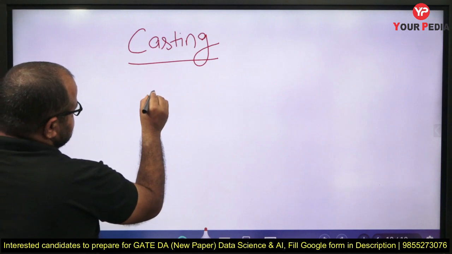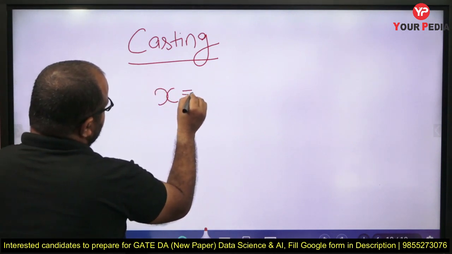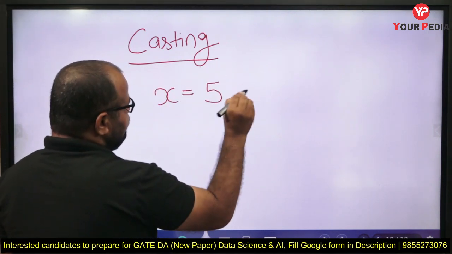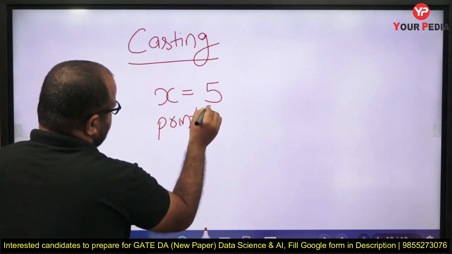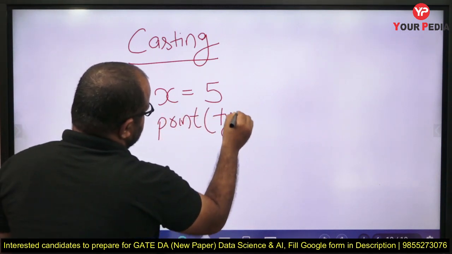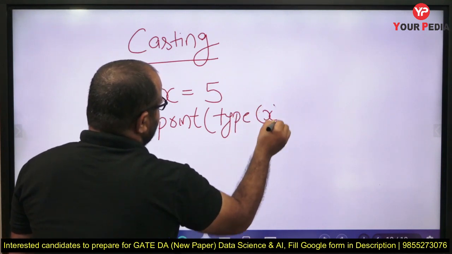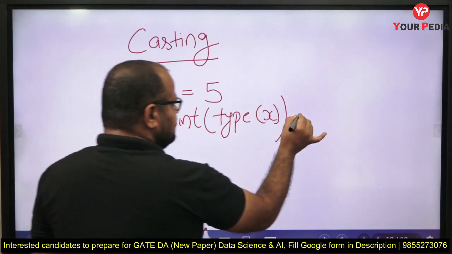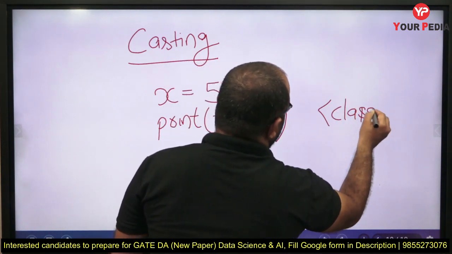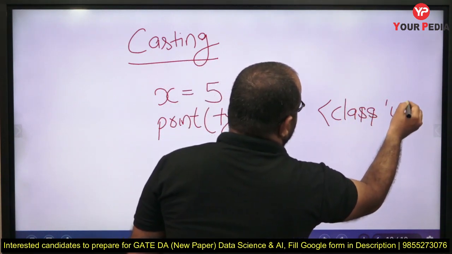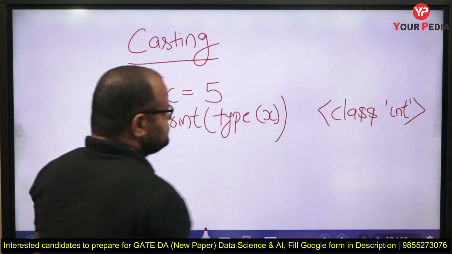See, my dear students, you are just writing x is equal to 5, and if you type print type of x, as you know, the output is class int, as it is an integer. Fine, my dear students.